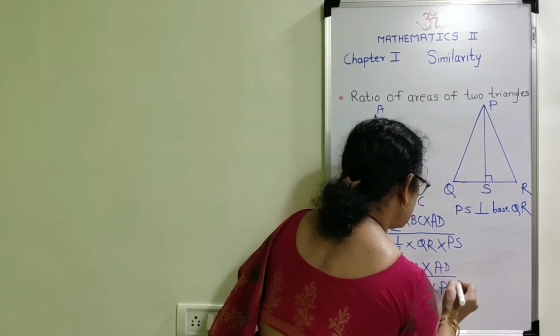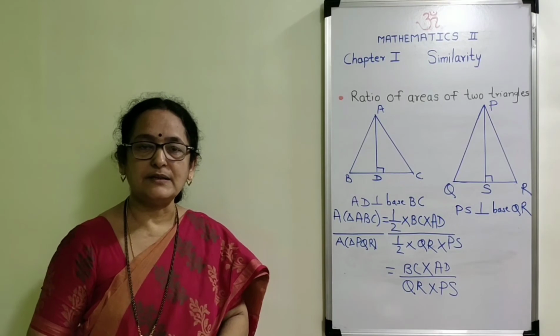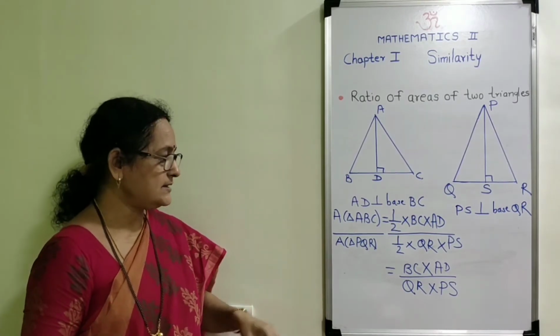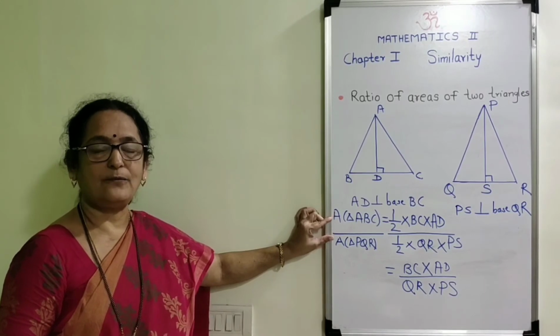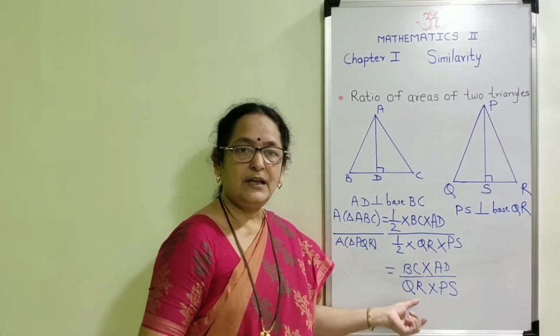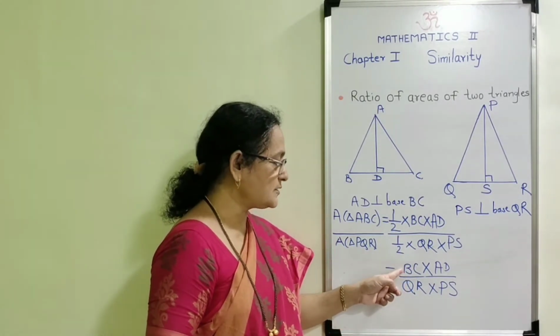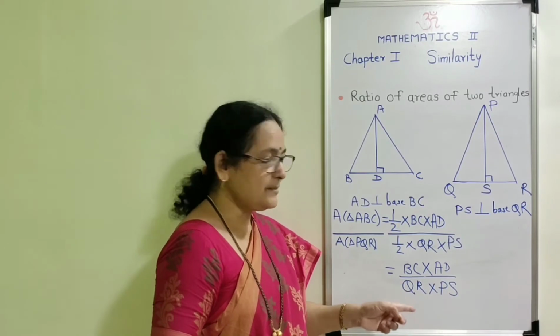This is our first property related with ratio of areas of two triangles, that when you are going to take the ratio of areas of two triangles, it is in proportion with the product of their corresponding bases and heights. Please remember this.